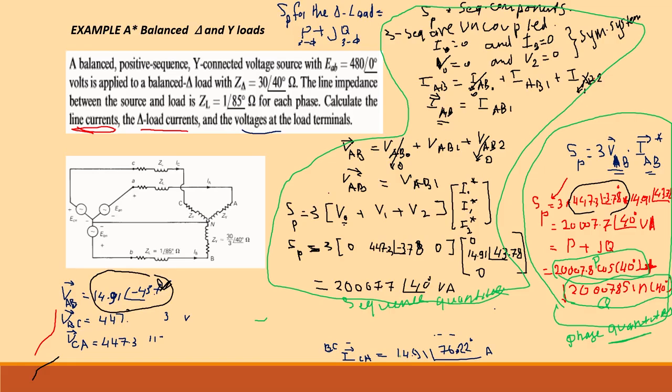What I want to explain to you is that when we use the phase quantities in symmetrical cases, and in unsymmetrical cases, we use the sequence quantities.